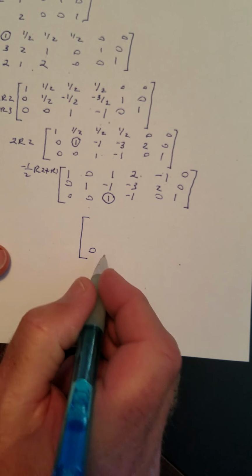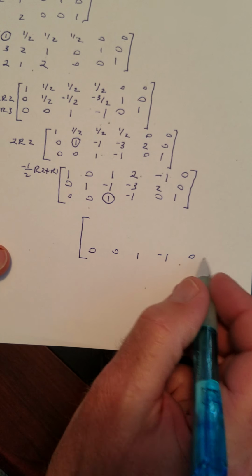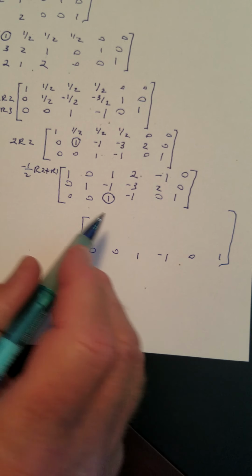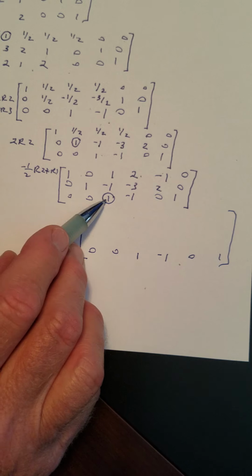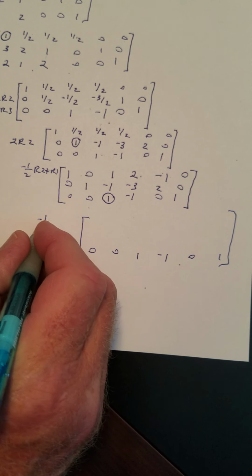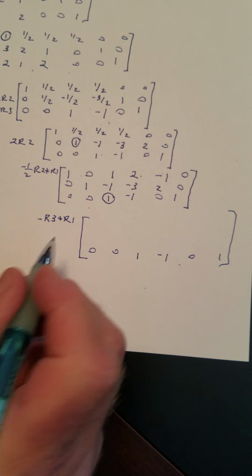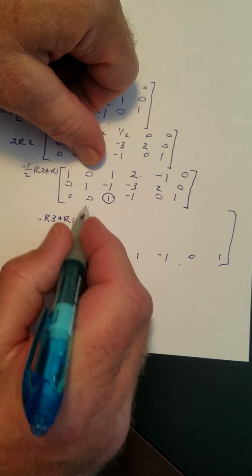And we know the bottom's done. I'm going to put those numbers in here. Sometimes that helps with your spacing. Okay, on the top row, I want a 0. So I got to take -1 times row 3. I'll just write that as -row 3 plus row 1. So 0 and 1 is 1. 0 and 0 is 0.